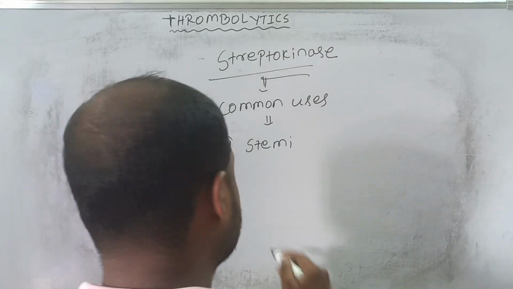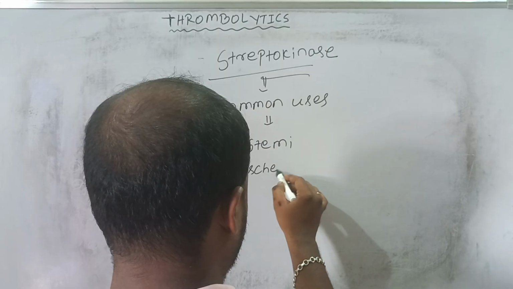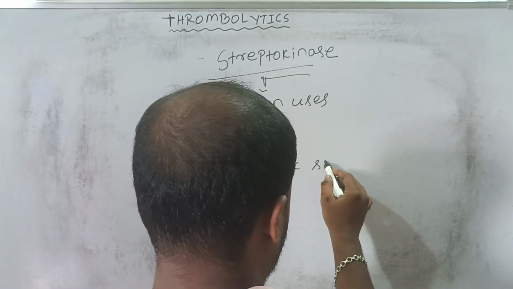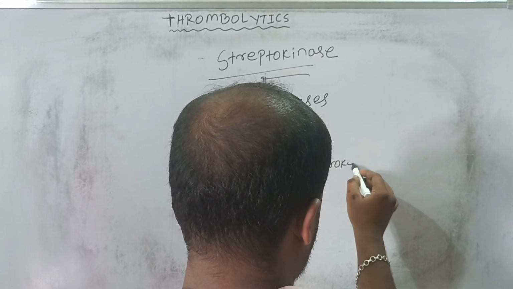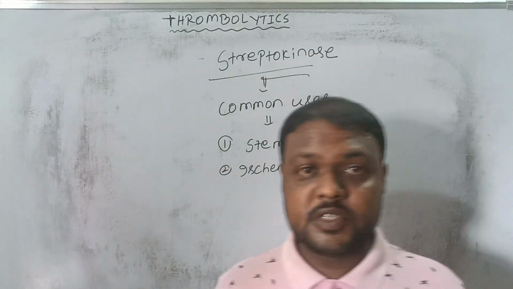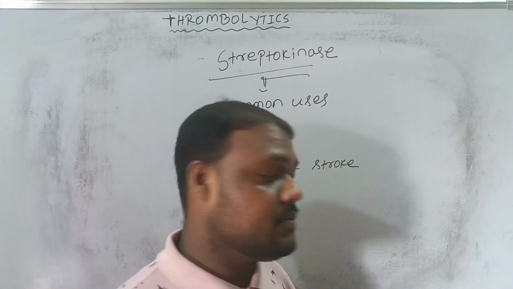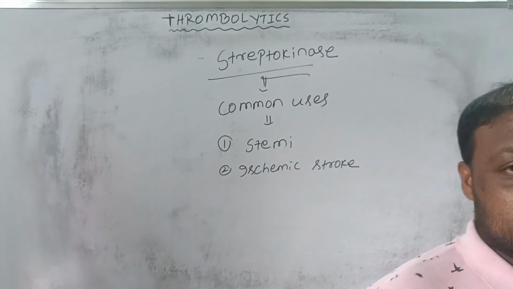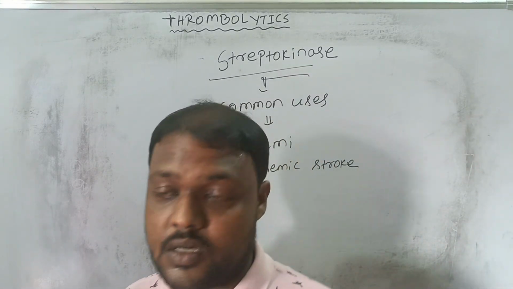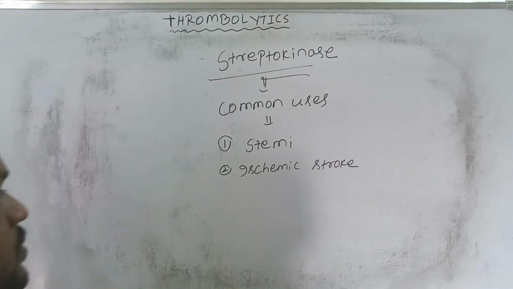Second one is the ischemic stroke, which means sufficient blood does not reach the target organ, so ischemic stroke occurs.